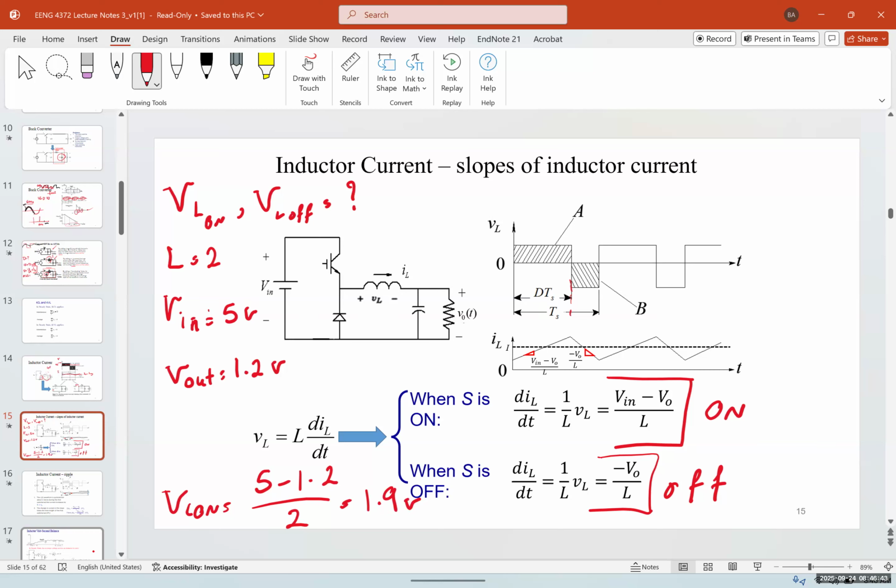And for when it's off, it's going to be negative Vout, which is negative 1.2, over L, which is 2, so negative 0.6. Did you get the same? So, I guess when you're solving VL on, you're just using the 1 over L VL. Yes. You're not incorporating. No.